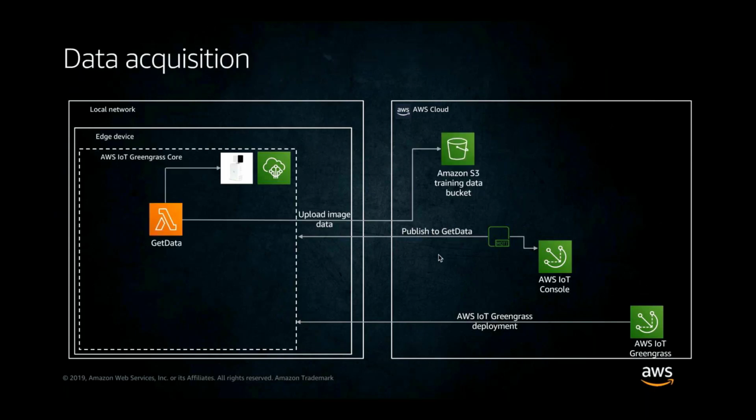In my case, I defined a Lambda function get data, so once I receive this message from the AWS IoT console, my Lambda function will be executed on the DeepLens device. This Lambda function will then generate some images and upload them to Amazon S3.